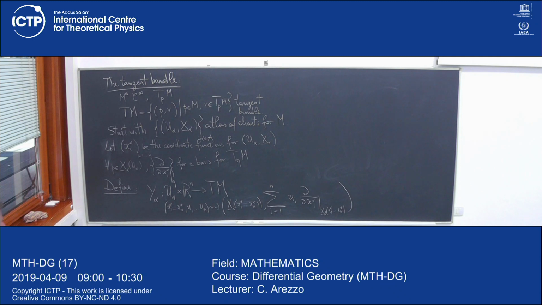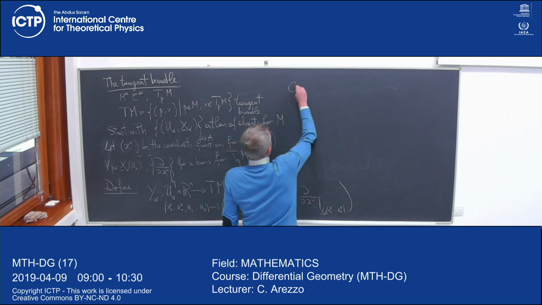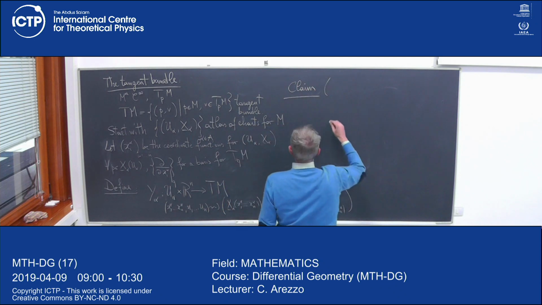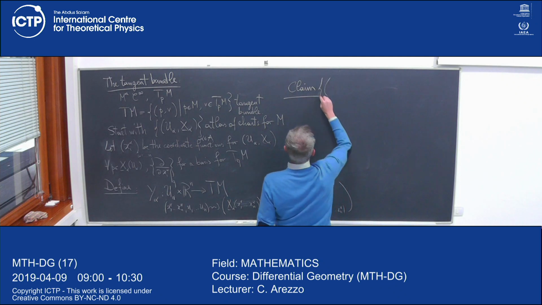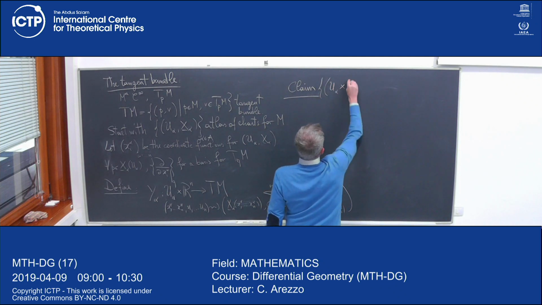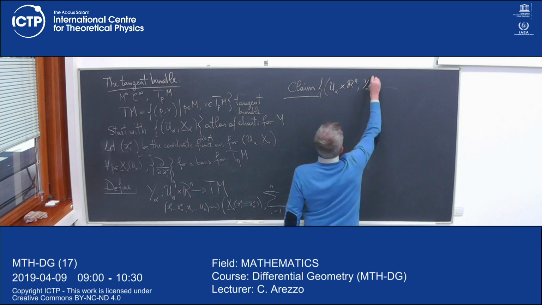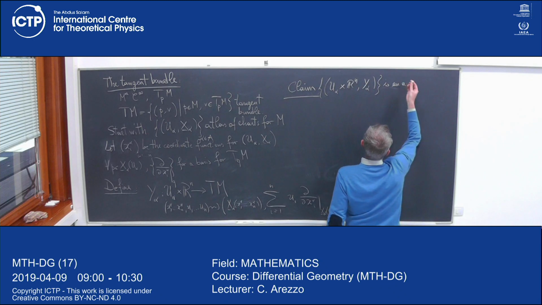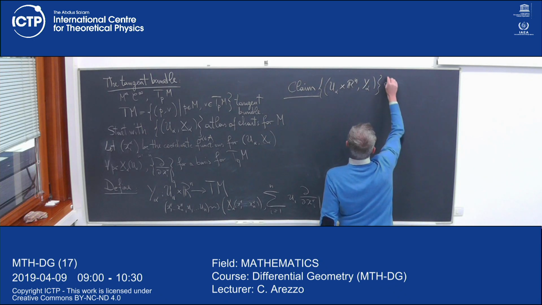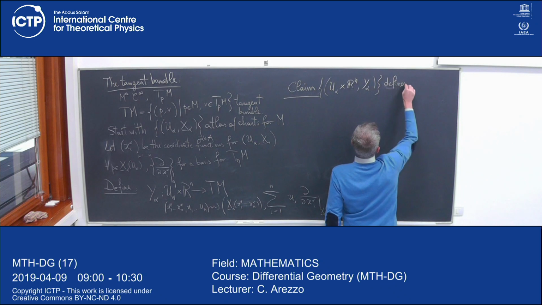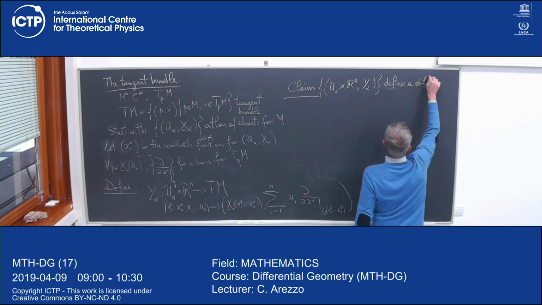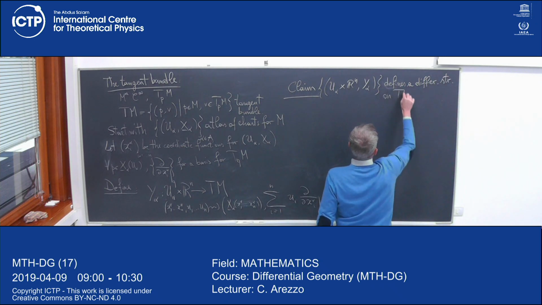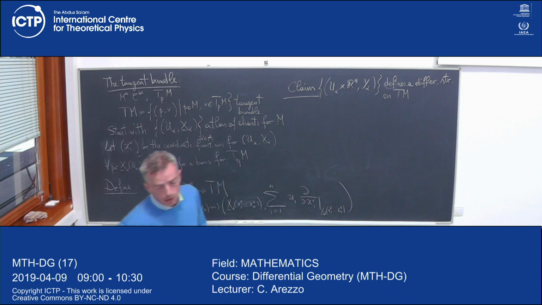Now the claim is that, if I put everything together, the family U alpha cross Rn, comma Y alpha, is an atlas of charts, and defines a differentiable structure on this set here.